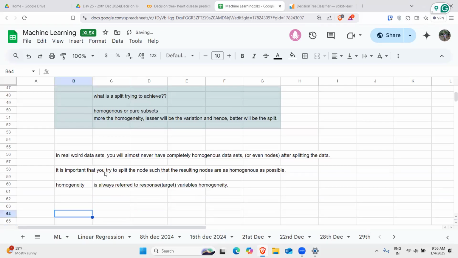For example, let's suppose we consider the same heart disease example in which you wanted to classify whether a person has heart disease or not.